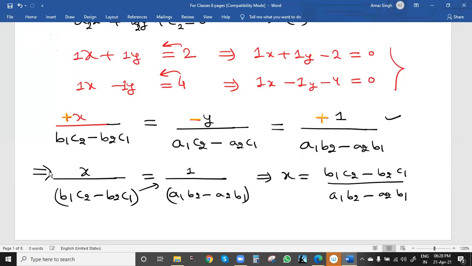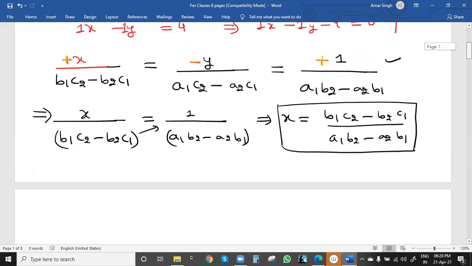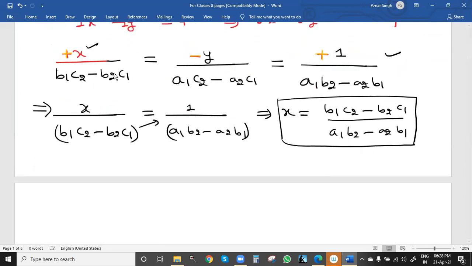This is basically the x value, so we can put it in brackets. So the x value we got is b1 c2 minus b2 c1 by a1 b2 minus a2 b1. Now comes the value of y. First we equated x and constant, now we can equate the y term and constant values.